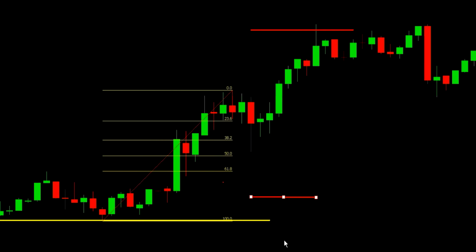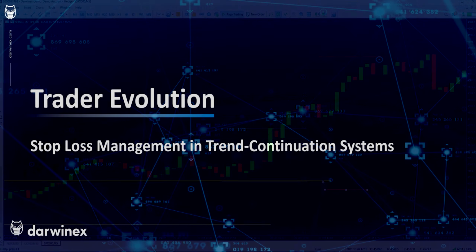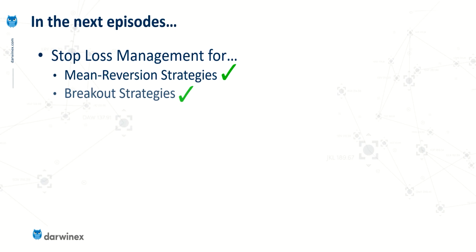However, if you're longer term and you're looking to take advantage of a much larger trend here, then it might be a wise thing to give yourself that extra breathing room and set your stop loss below this level of support. So we've now gone through various considerations for three types of strategy: mean reversion, breakout, and trend continuation.